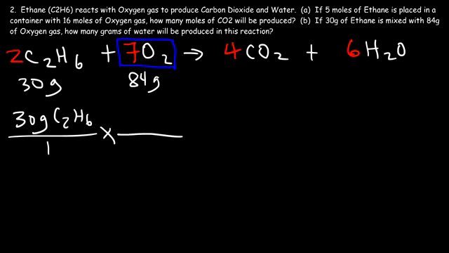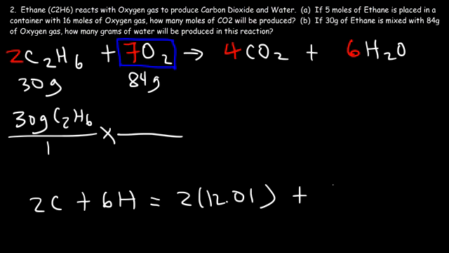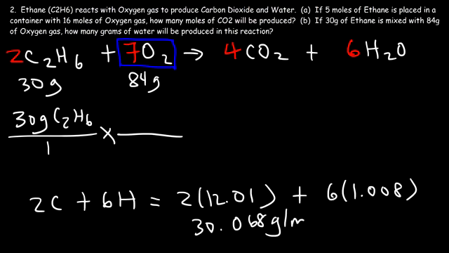So first, we need to find the molar mass of ethane. We have 2 carbons and 6 hydrogen atoms. So it's 2 times 12.01 plus 6 times 1.008. So that's about 30.068 grams per mole.